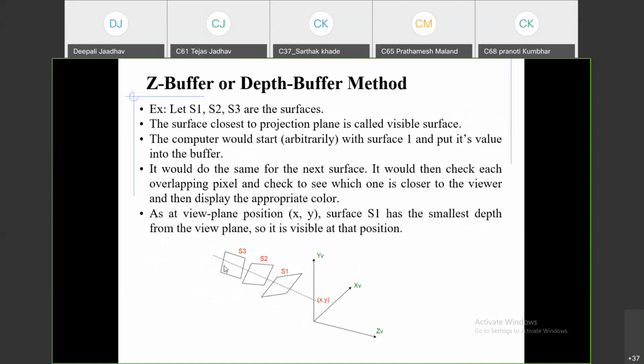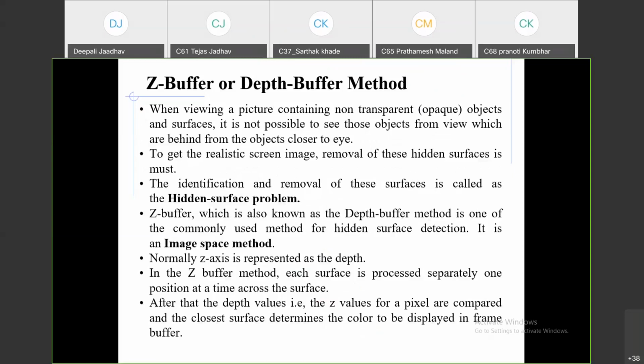S3 is hidden again behind these two surfaces. So some part may be visible, or it may be possible that the entire object is not visible. So removal of all these hidden surfaces is important, because we need realistic screen images. That identification and removal of surfaces is called the hidden surface problem.